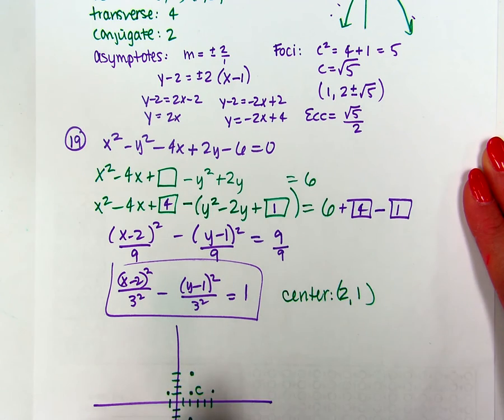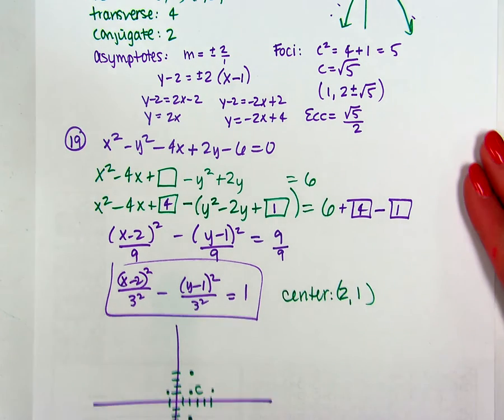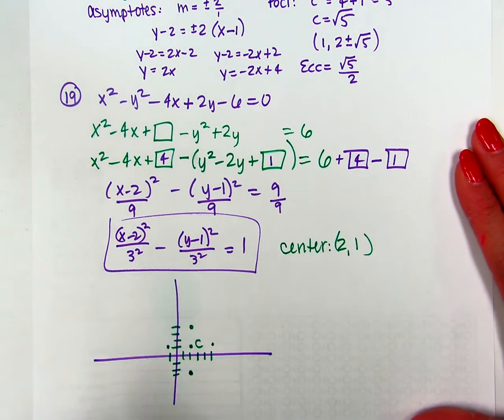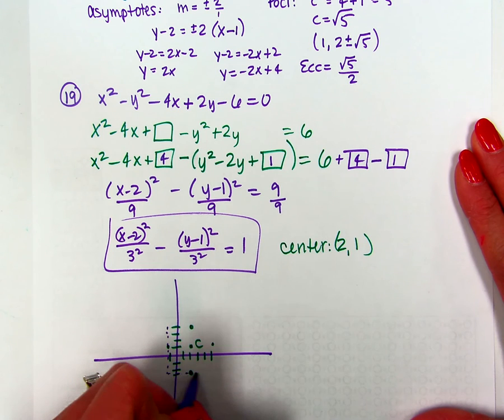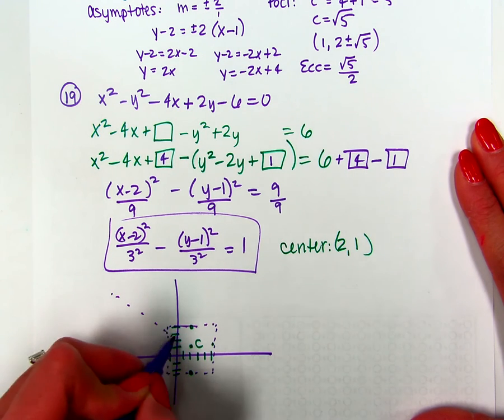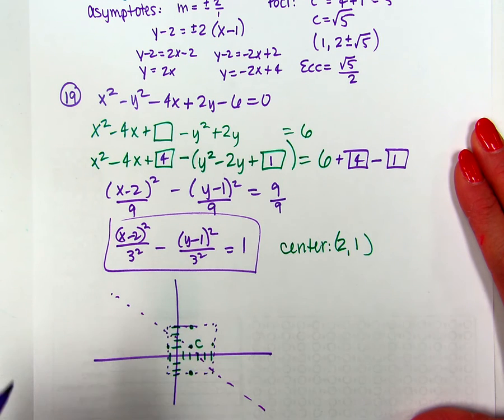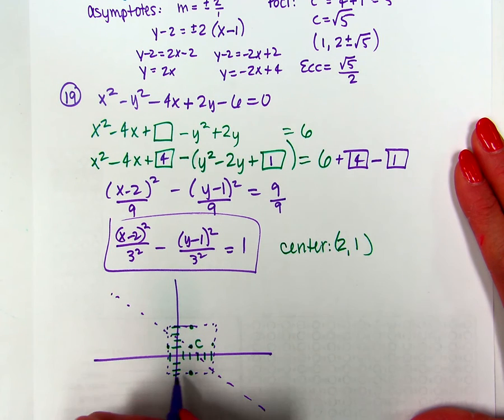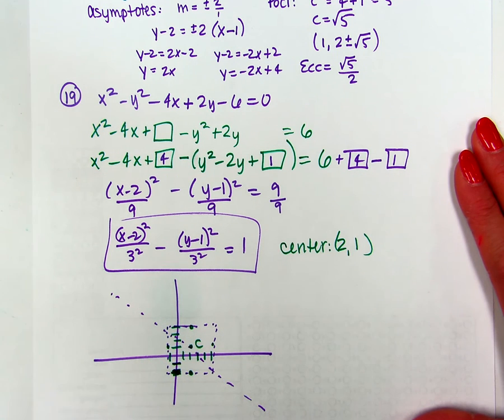If this were an ellipse, it would be a circle because we went the same in each direction. But we need to make our box. And then here's my, this is just at, I don't know if I went down too many, but it should have been down 3. So this is just at -2 there.